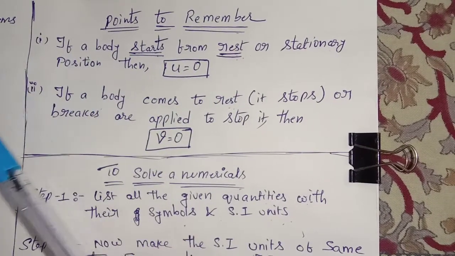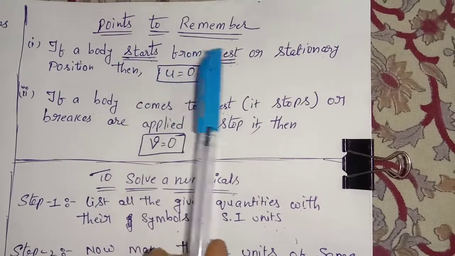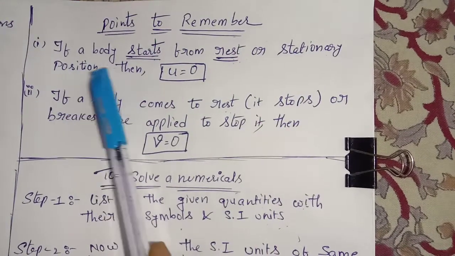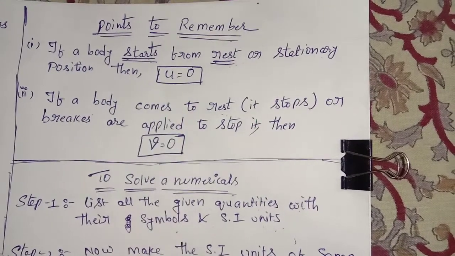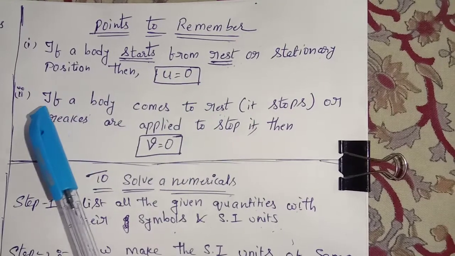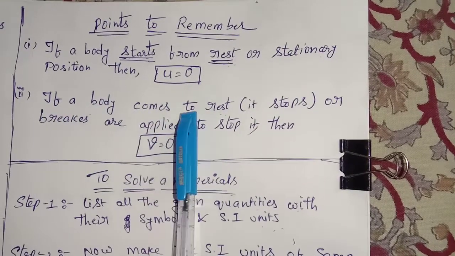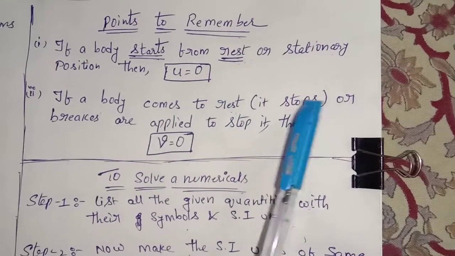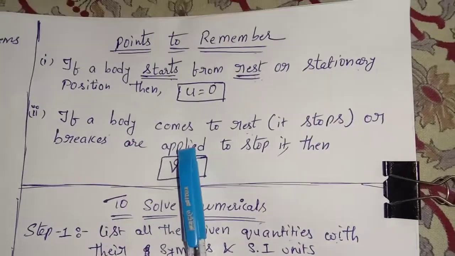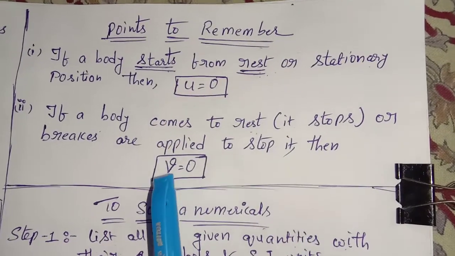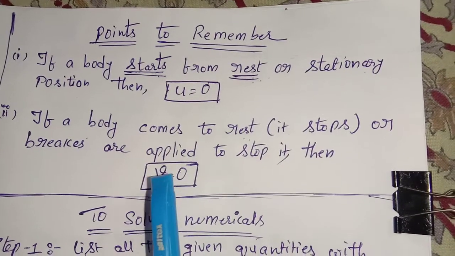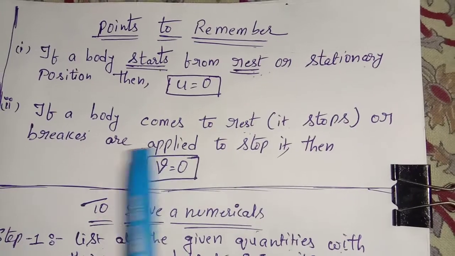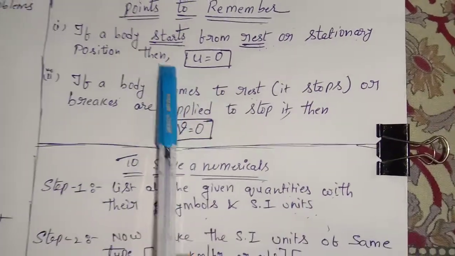You have to understand that if it starts from rest or stationary position, then the initial velocity is 0. And if a body comes to rest, meaning it reaches the end point and stops, or brakes are applied to stop it, then the final velocity is equal to 0. They will not say this by default.